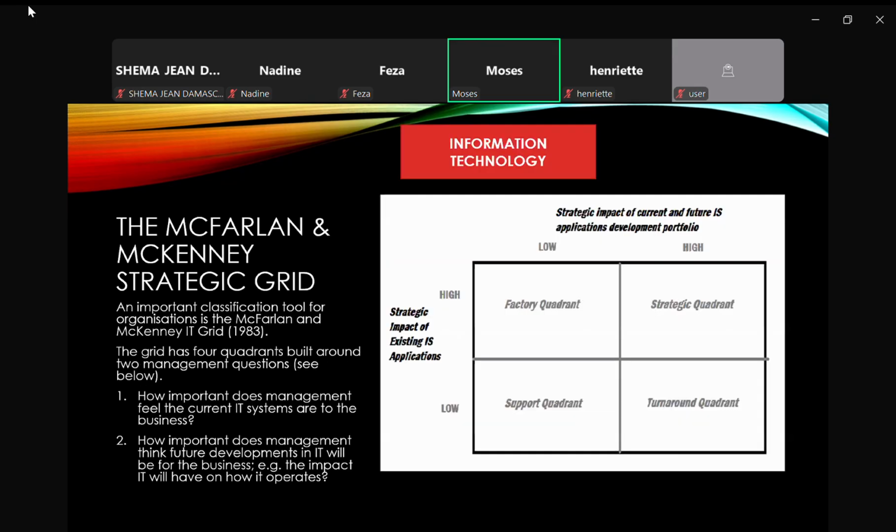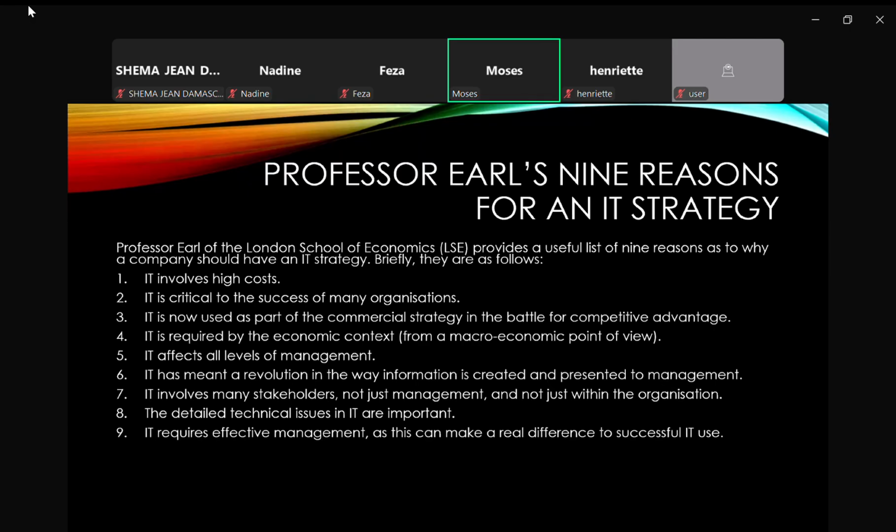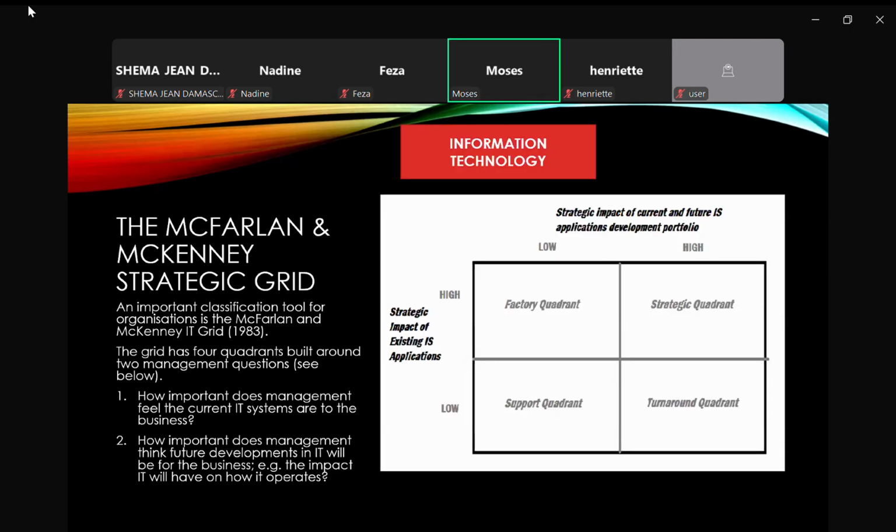All right. So we are now done with leadership approaches, and now let's talk about information technology. There are two models under this. One is the McFarlan and McKenney strategic grid, and the second one is Professor Ward's 9 reasons for an IT strategy. Let's start with the strategic grid.